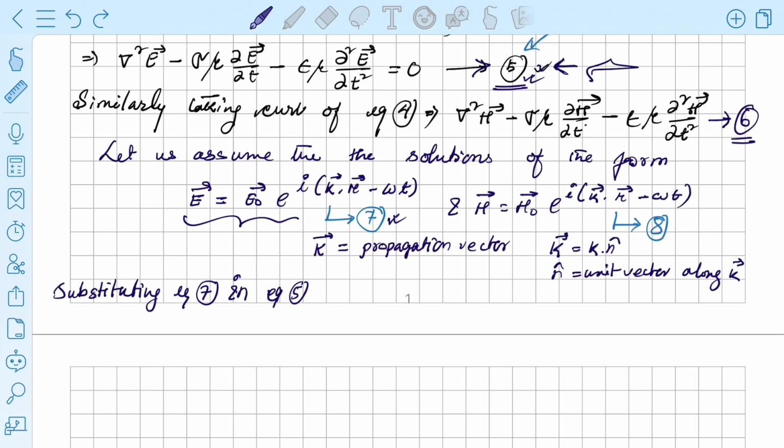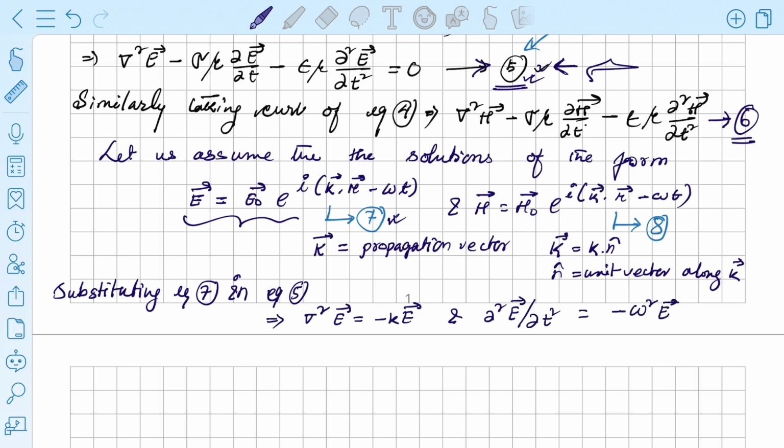If we do so, then we're going to have del square E equal to minus k square times E, then the second order derivative of E with respect to time t is going to be equal to minus omega square times E vector.